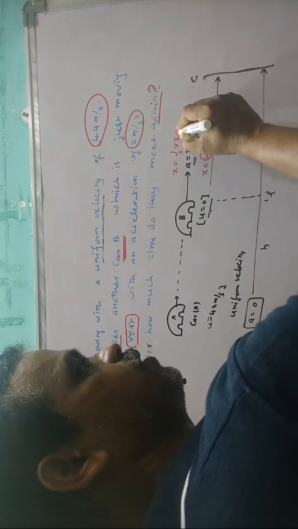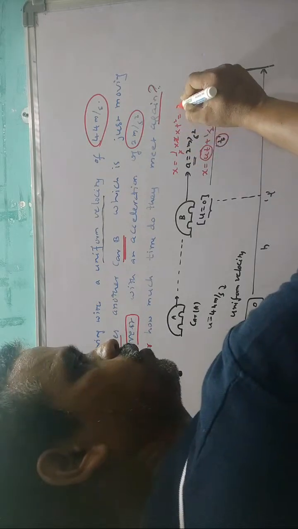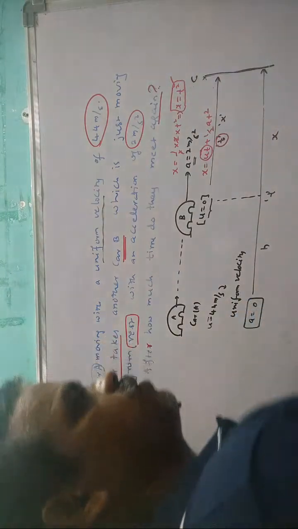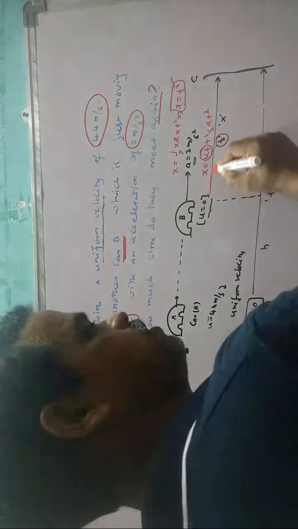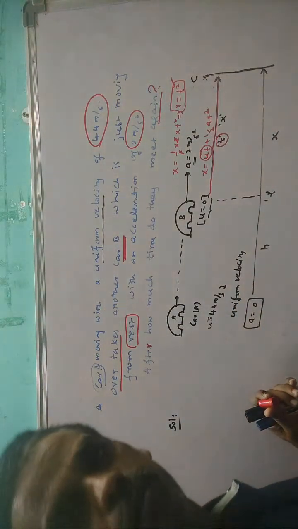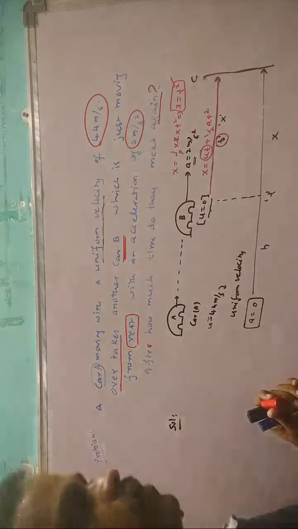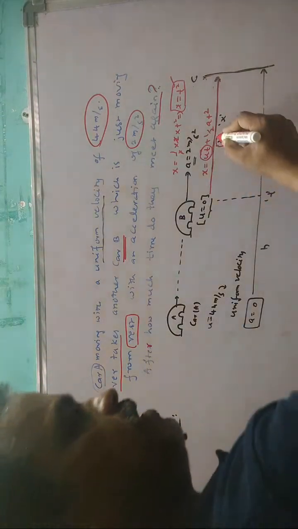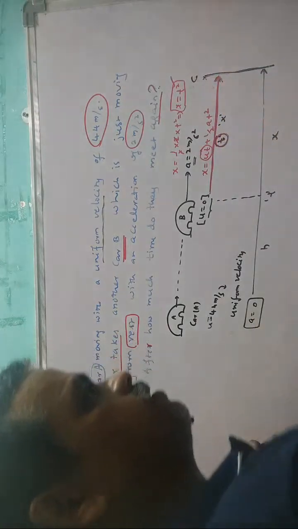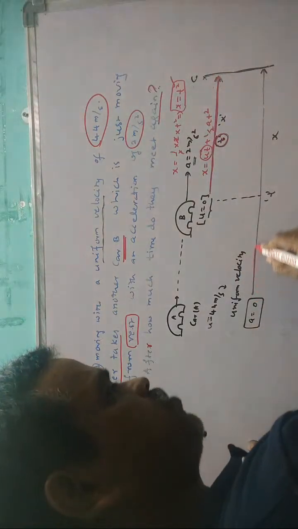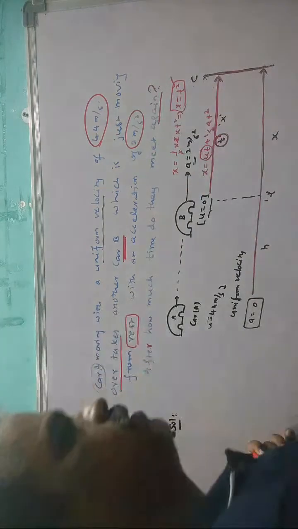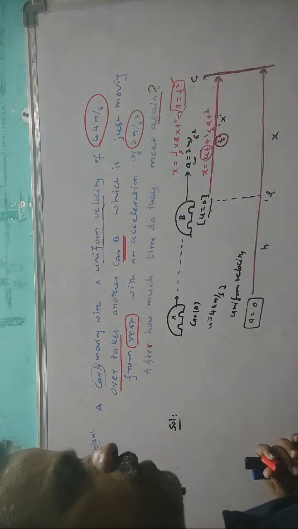Half into 2 into t square, so x equal to t square, the displacement covered by car B. In t time car B travels up to point C, and in the same time car A also travels up to here. Then only the two cars will meet.